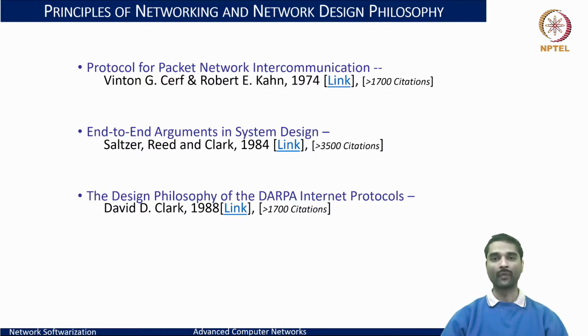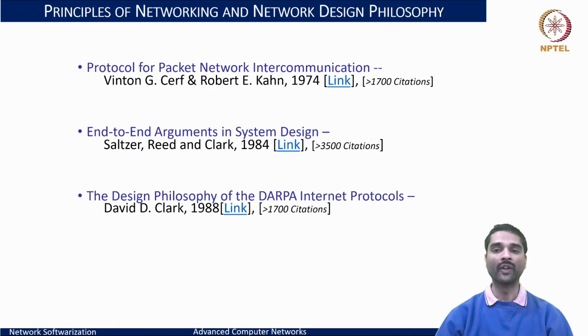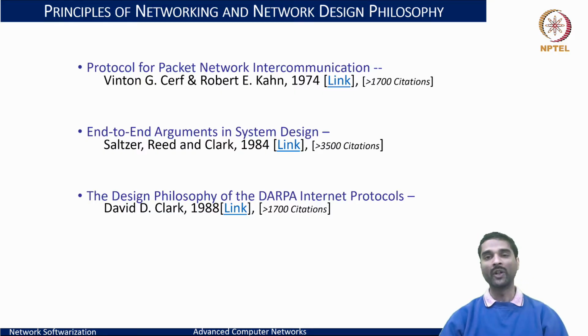The first is this paper from Vinton Cerf and Robert E. Kahn, who are considered the founding fathers of the Internet. And this work, in fact, put forth the philosophy of internetworking and laid down the mechanisms for handling the aspects of addressing, routing, and the means to support multiple reliable connections over an unreliable network, the variations in the packet size, accommodation of fragmentation, and flow control aspects.